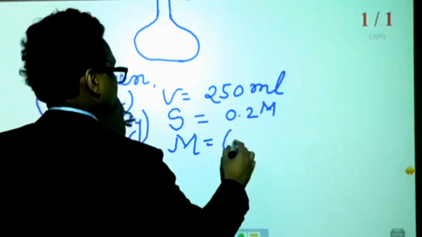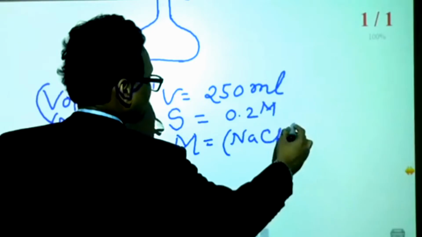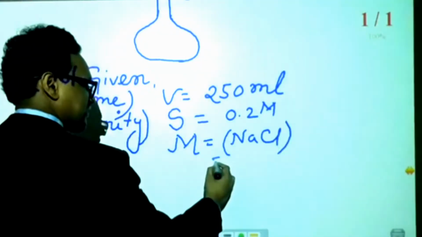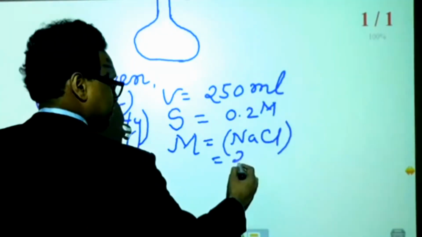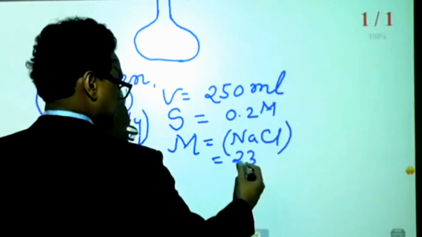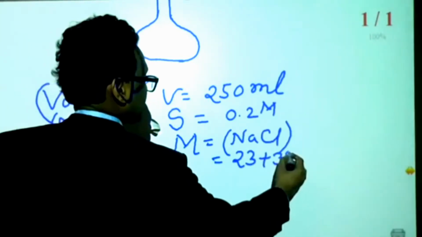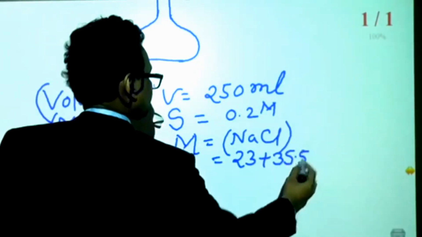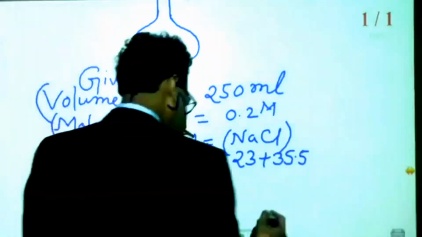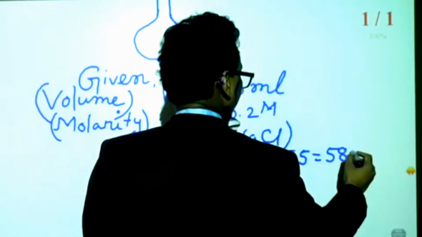Molecular mass of sodium chloride, you know, is 58.5. How? Just see the mass of sodium according to Z, 11 into 2 plus 1, plus 35.5. So the mass will be, my dear students, 58.5.